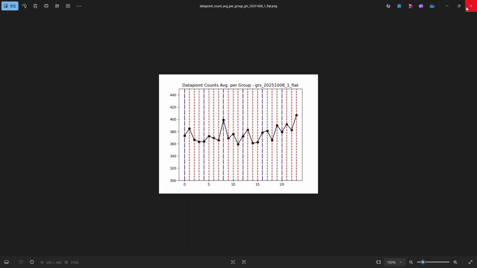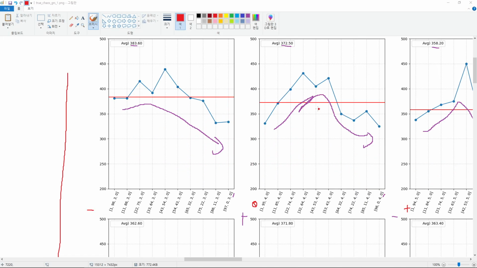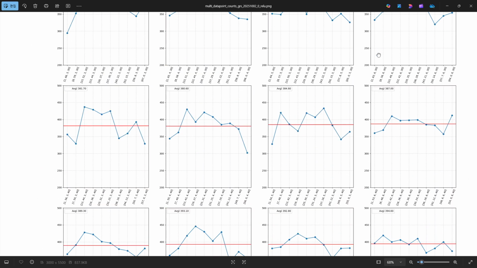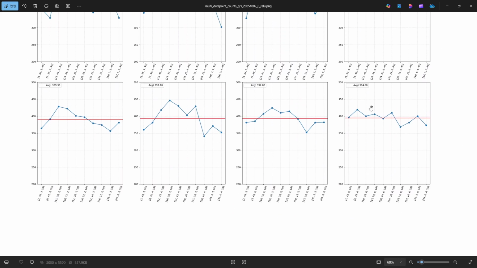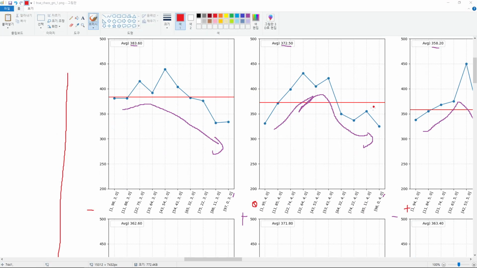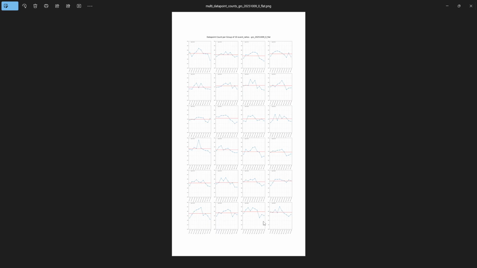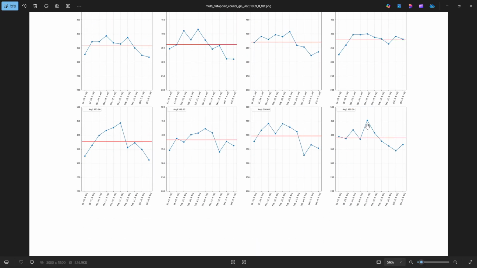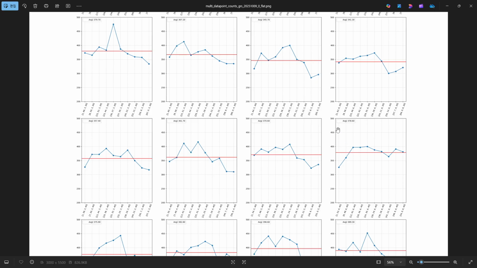Oh no, this is per average. Data points, there we go. The most is 430 or 420 ish. 450. See, we even get 450.